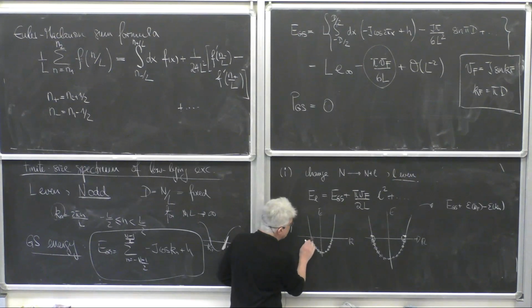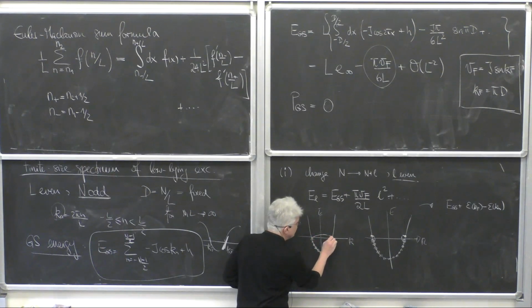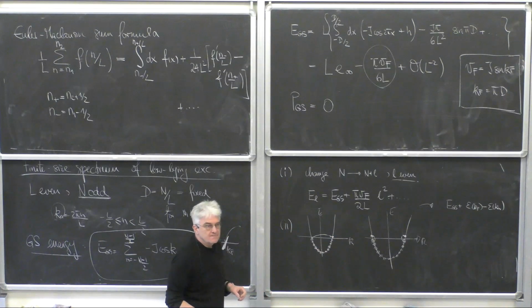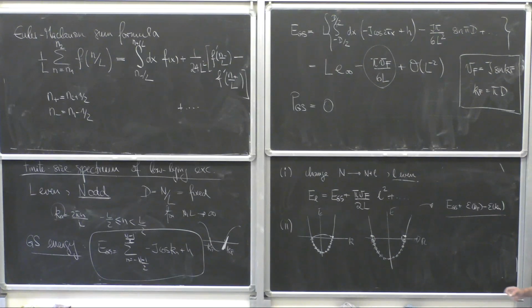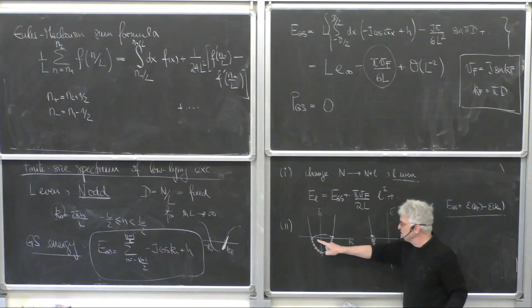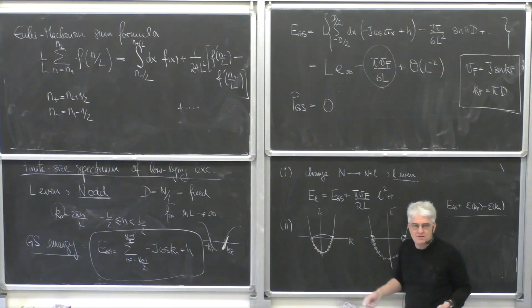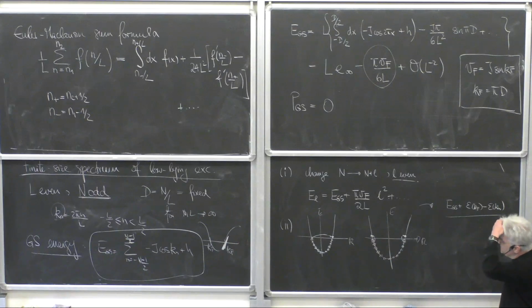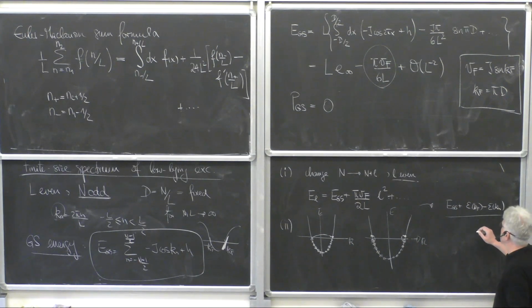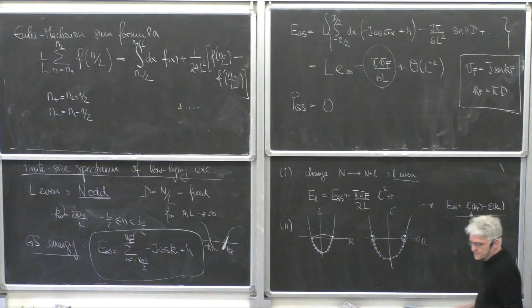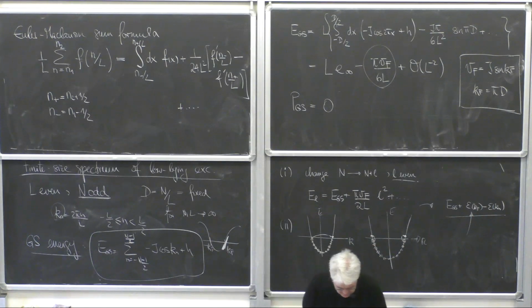I can poke a hole here and put my particle here. Again, the energy will have this form, but now the momentum of these excitations will be 2kF or minus 2kF, or a multiple of 2kF or minus 2kF. The finite size energies we can calculate very easily, because we define low-lying by being in the vicinity of the Fermi point. In the vicinity of the Fermi point we can just linearize the dispersion relation.